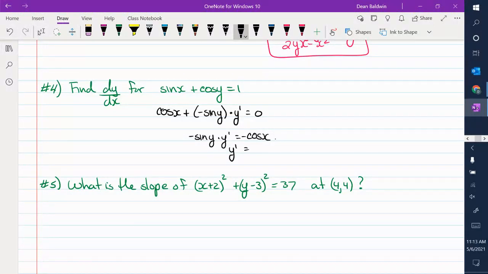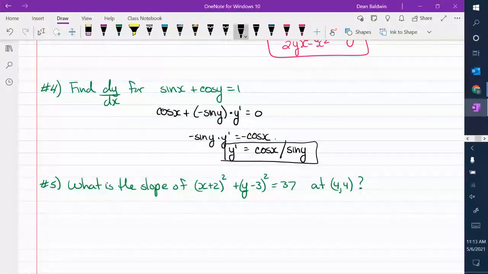And the negatives will cancel, and I get cos of x divided by sine of y. That is not tan or cotan because the variables are different. So you just leave it like that. And that's it. So even with trig, you just have to be careful. If the variables don't match, use chain rule.